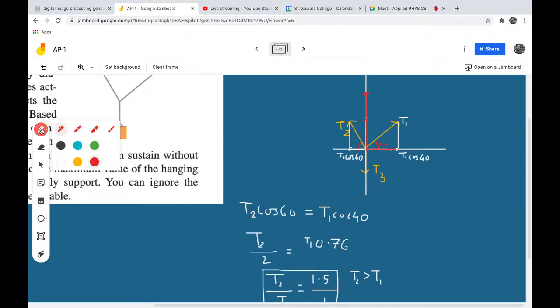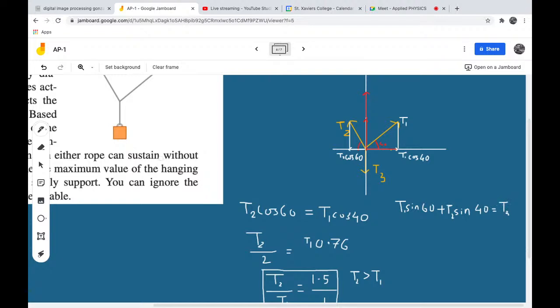So you get T1 sine 60 plus T2 sine 40 equal to T3.